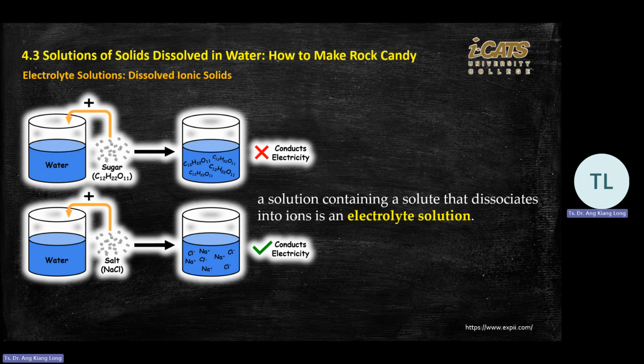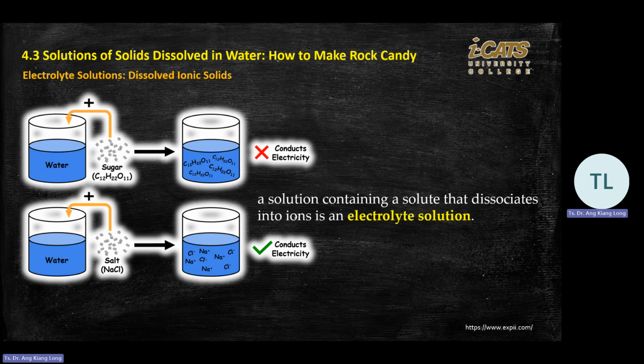This is the definition of electrolyte solution. If it asks you for the definition of electrolyte solution, you need to mention a solute that can dissociate or break into ions is called an electrolyte solution.